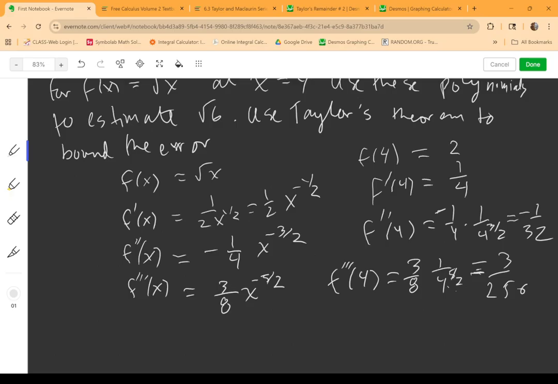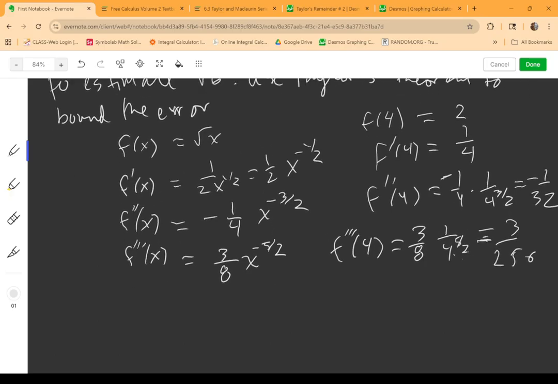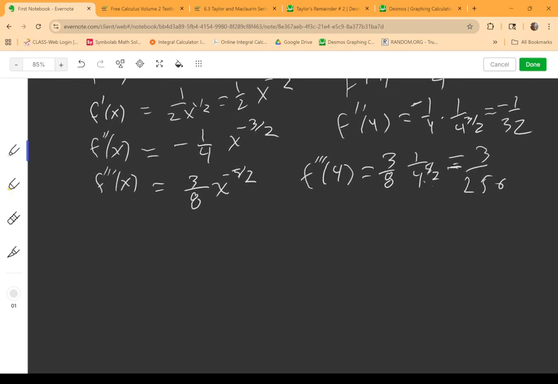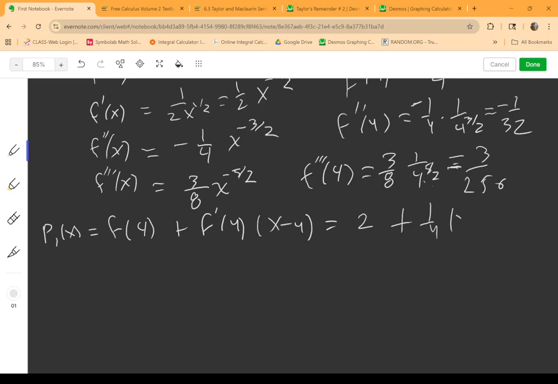Okay, so now we have these function values, so now let's begin building our Taylor polynomials. Our P1 of x is going to be f of 4 plus f prime of 4 times x minus 4. Plugging those values in, we get 2 plus 1/4 times x minus 4.